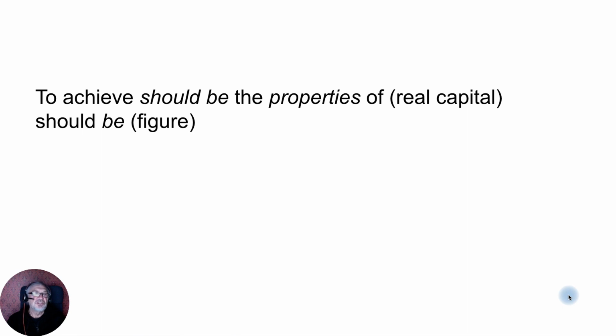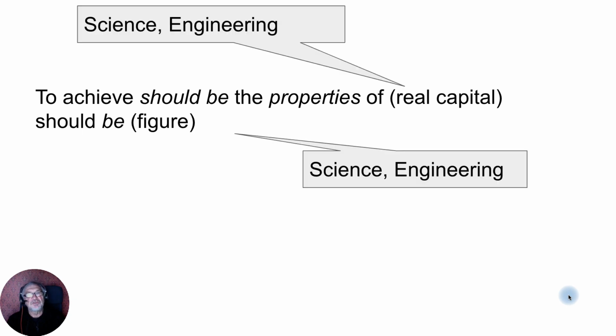So to achieve the should be, and we're talking about the properties here of the real capital, then they should be at a certain level. Now, in terms of real capital, we're talking about our atmosphere, which is a shared resource. So the science and engineering would come from the properties, and the level it should be is also coming from science and engineering, as we're talking about what is possible.